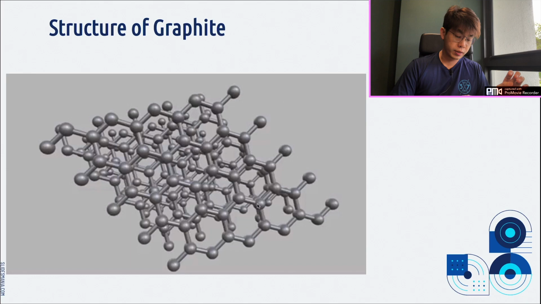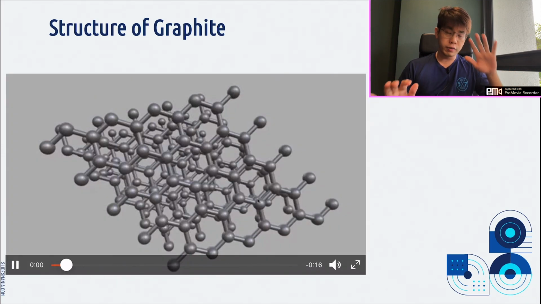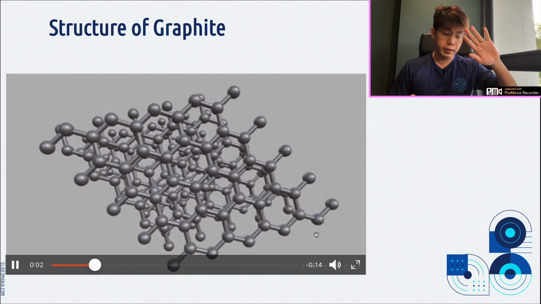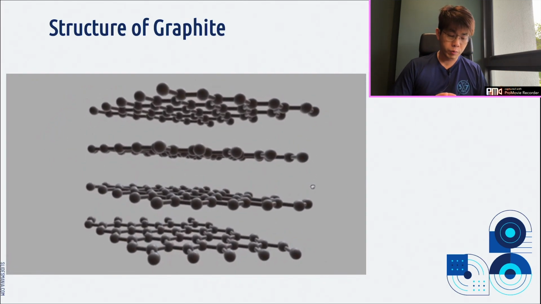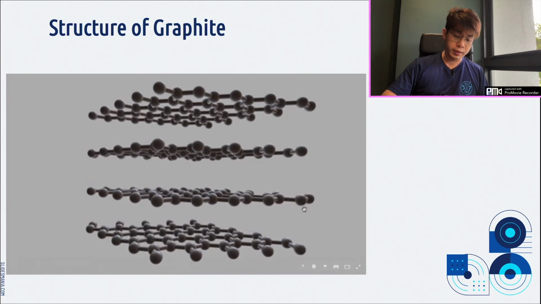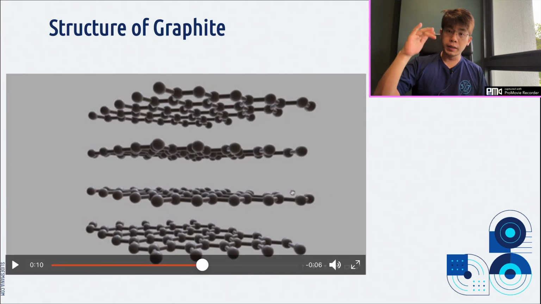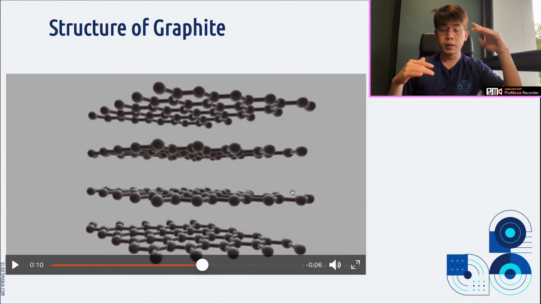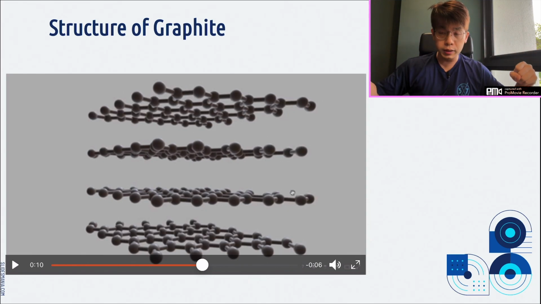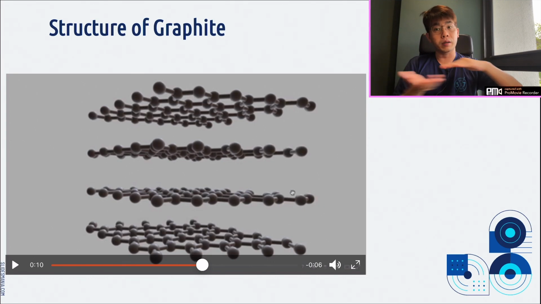If you look at this diagram here, this flat arrangement is one layer, and if we look at the other direction of graphite, we can see that these are multiple layers, and these multiple layers have weak intermolecular forces between them. So it's very difficult to destroy the layers, but it's very easy to move the layers around.